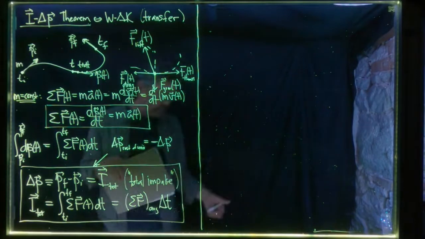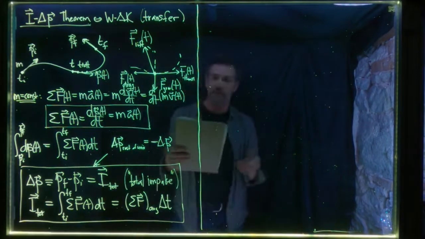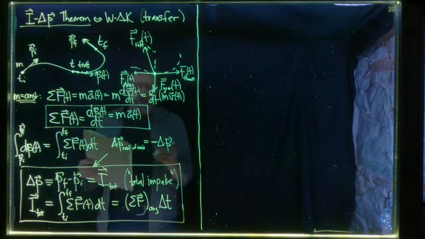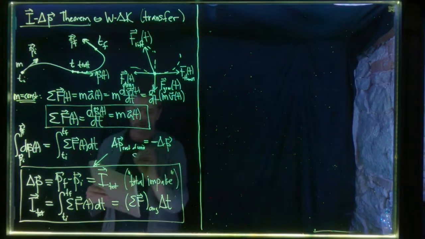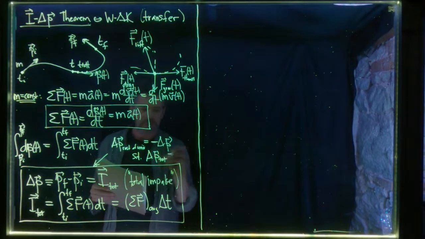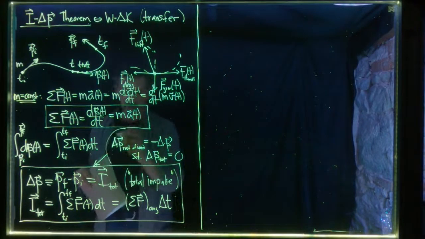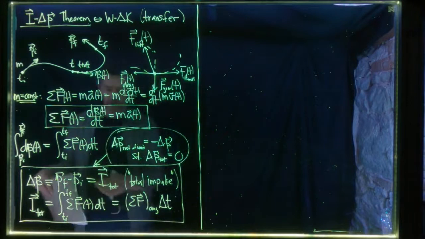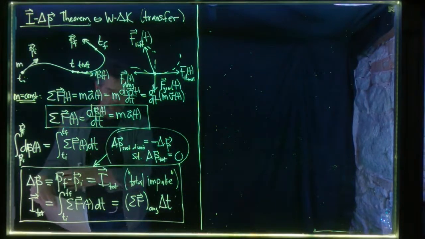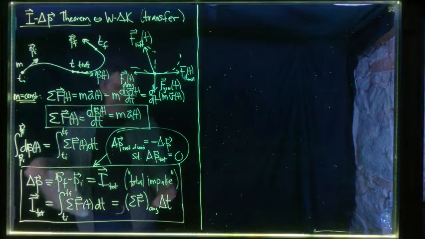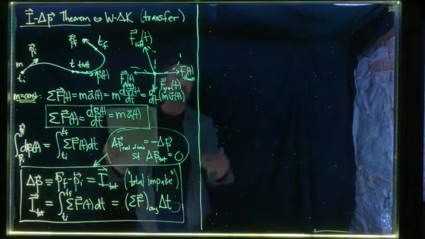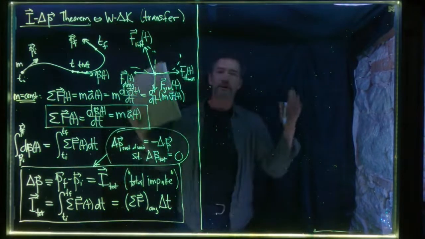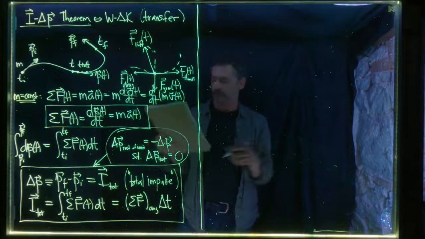And so it's always the case that total momentum is conserved, such that the change in the total momentum is equal to 0. Okay, so this is thinking of conservation of momentum from a transfer point of view. This is thinking of conservation of momentum as total momentum in an isolated system can't change.